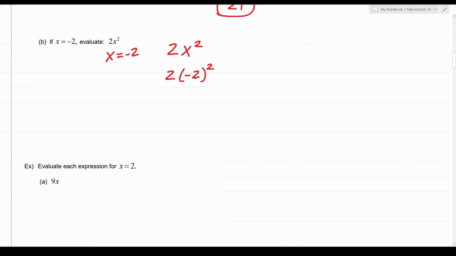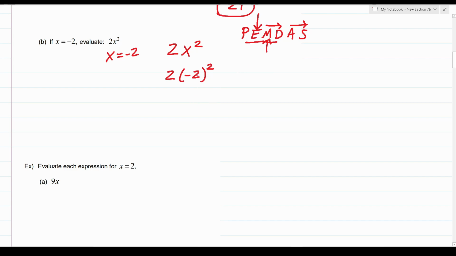Now we can use the order of operations, remembered by PEMDAS: parentheses first, exponents next, multiplication and division from left to right, and addition and subtraction from left to right. We have exponents and multiplication, so we do exponents first, and then the multiplication.